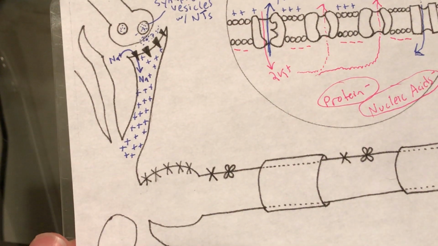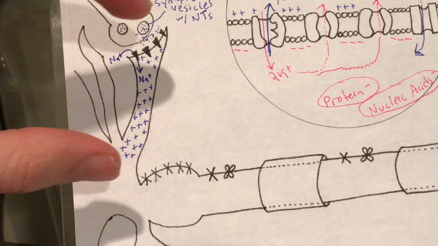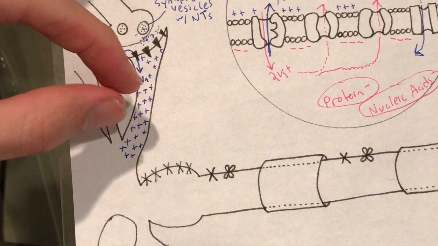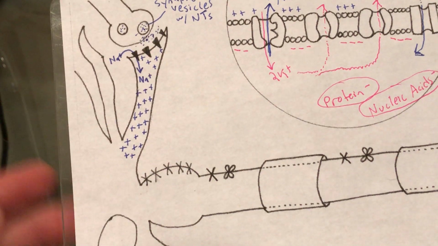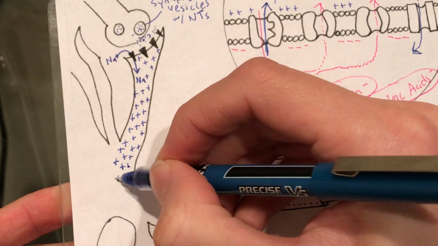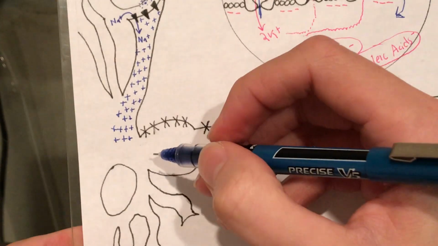And positives repel each other, right? Positive repels positive, negative repels negative. So the idea here is that when this part of the dendrite is filling up with positive ions, those positive ions are going to push each other away, and that actually propels all the positive ions towards the body of the cell, the body of the neuron.